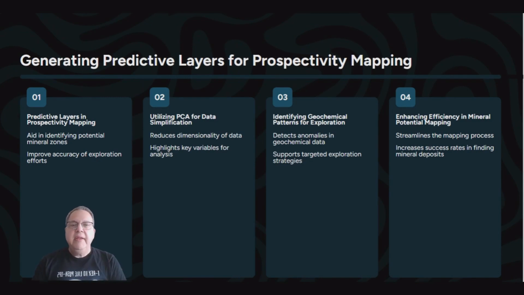The predictive layers of prospectivity mapping, as I said, aid in identification of potential mineralized zones. They use principal component analysis to simplify the data. They use the chemical patterns as an exploration tool, and they enhance the efficiency in mineral potential mapping by streamlining the mapping process and increasing the success rate in finding mineral deposits.